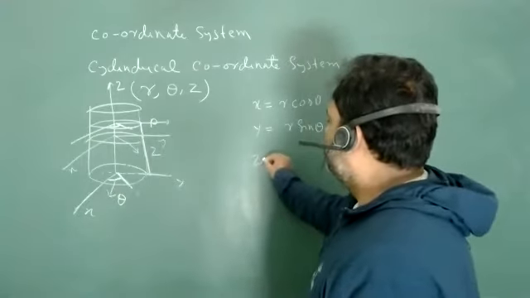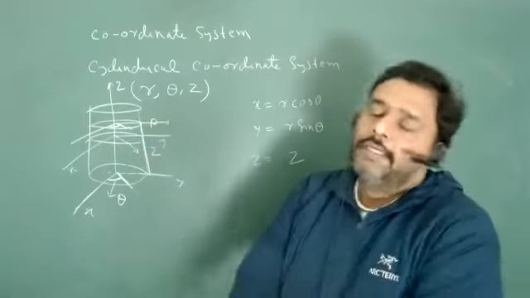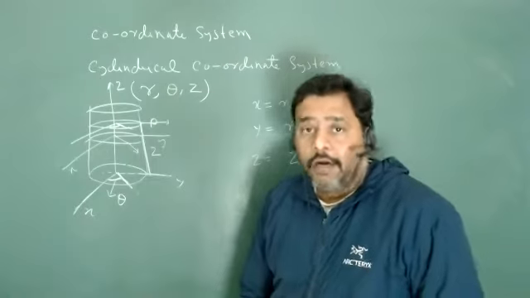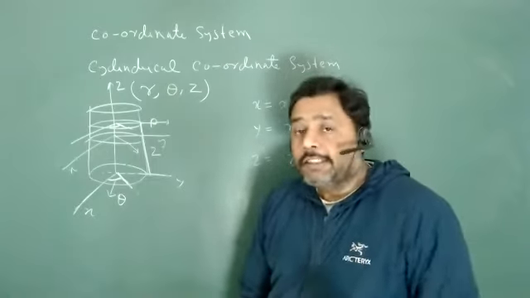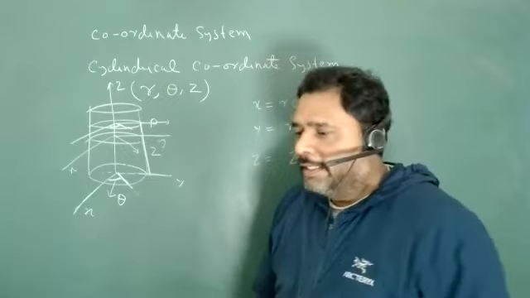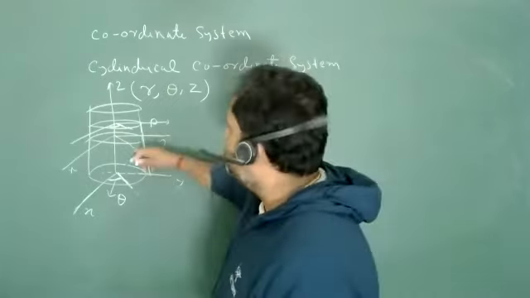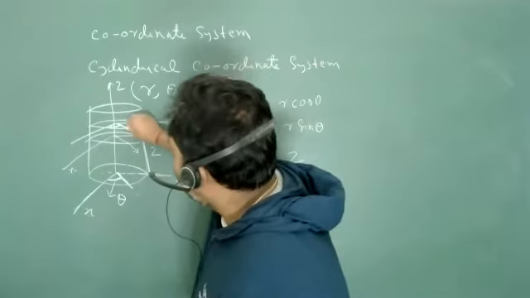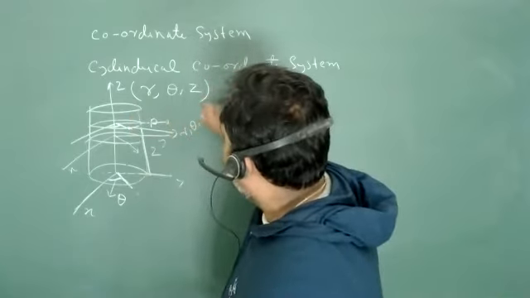And what is your z? z is exactly the same z we use in the Cartesian coordinate system. By the way, what is the generalized coordinate here? The generalized coordinates are r, theta, and z. Any point can be written as the coordinates r, theta, and z.